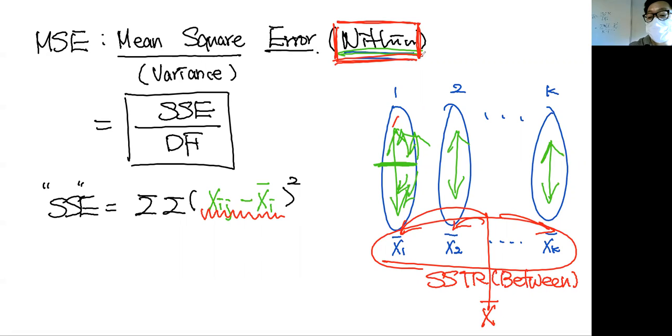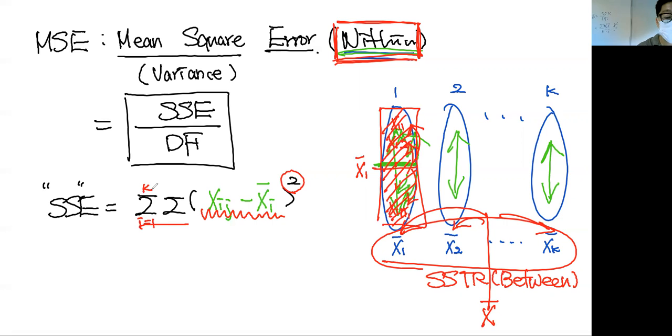So maybe we have x11, x12 up to x1n1. Then now we are going to take x1 bar, which is only in sample number 1, and we are going to take the distance square, summation again. So it will be the inner, the inside, the variation. How many? We are going to take the K summations, I mean the K inner summation.